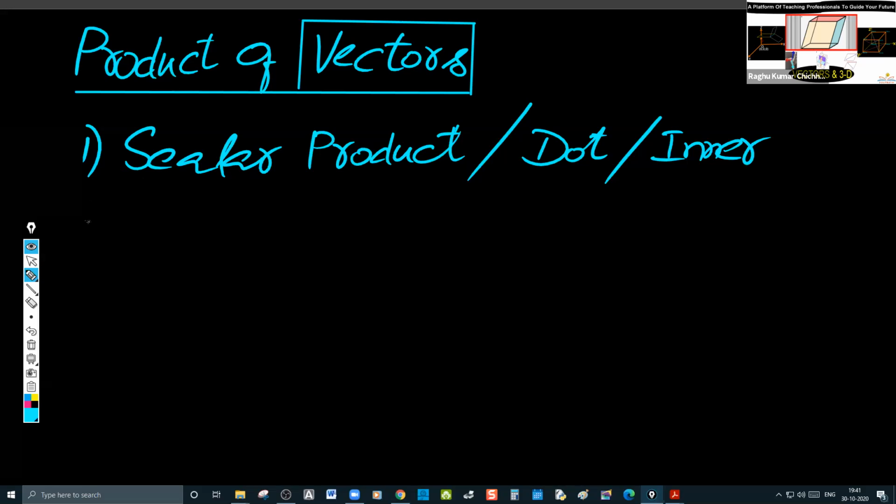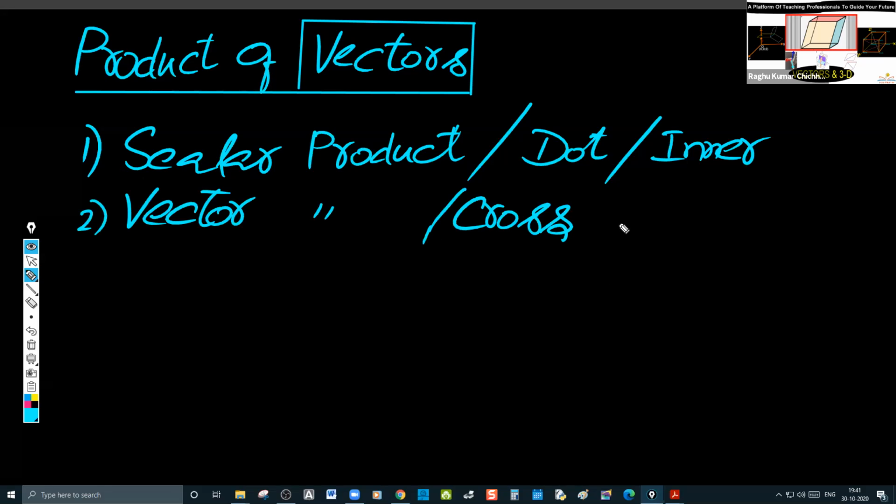And number two is vector product. It is also said to be cross product because it is denoted by a cross. So why are these named scalar and vector products? Scalar product will result in a scalar and vector product will result in a vector. That is the reason why they are named like that.